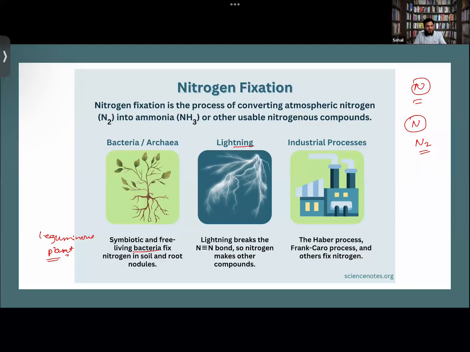If you look at the forest, you will see that the soil is already rich in nitrogen. When you are doing cropping, you continuously grow different types of crops, so the nitrogen mineral gets depleted by them.